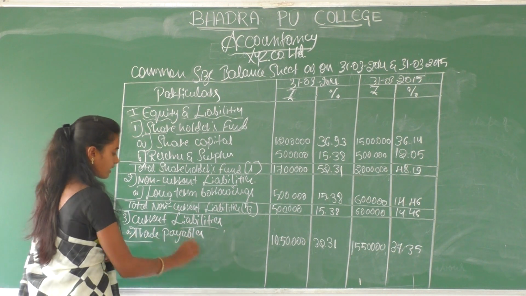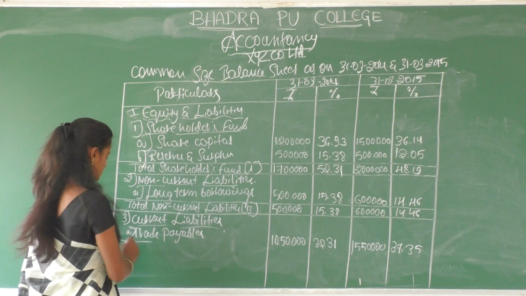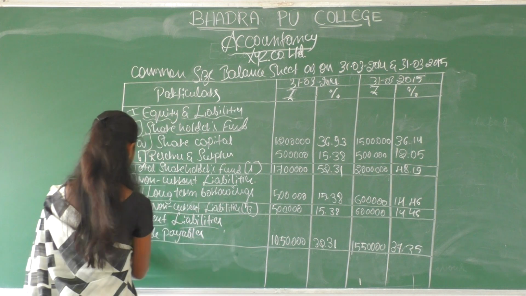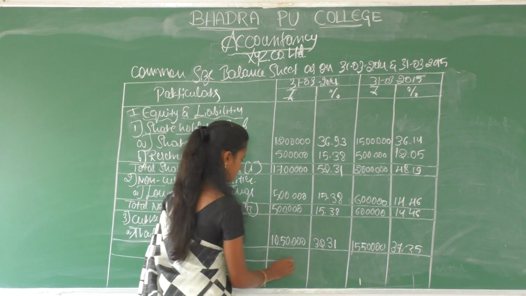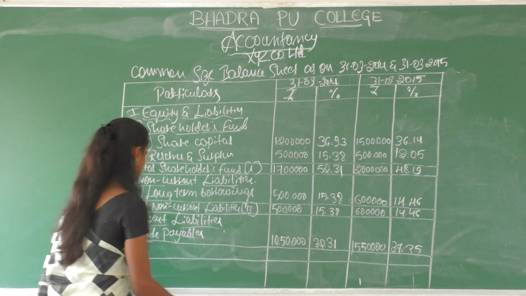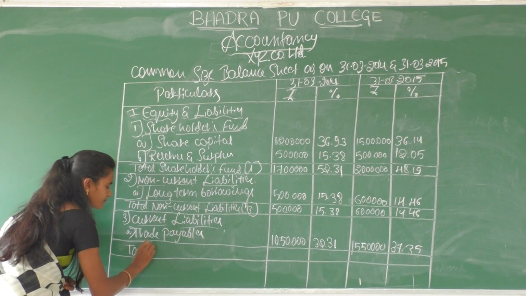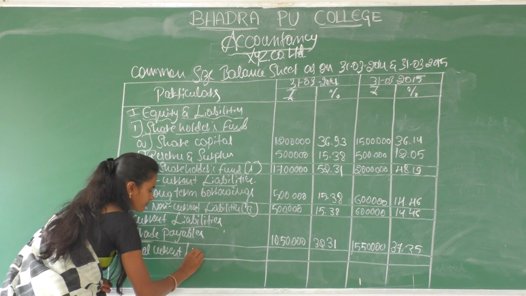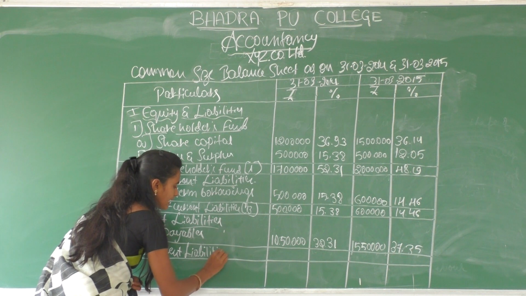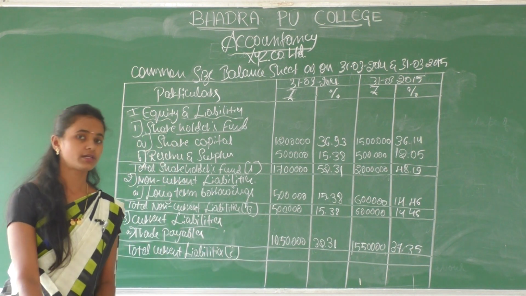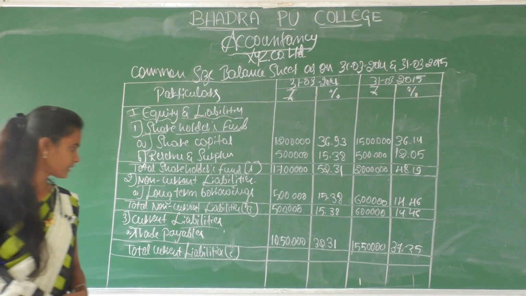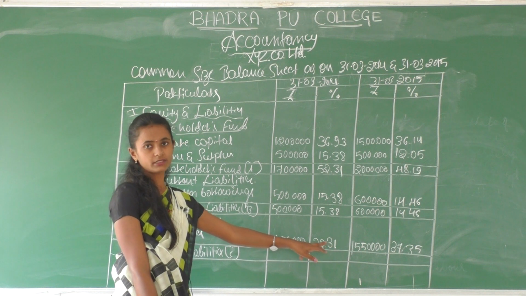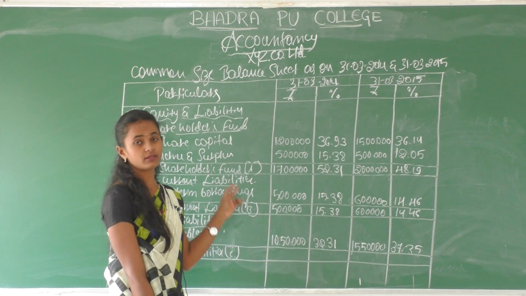So now we will get our total current liabilities, and it is considered as C. Again we will get the same amount and the same percentage because we have only one item under current liability.